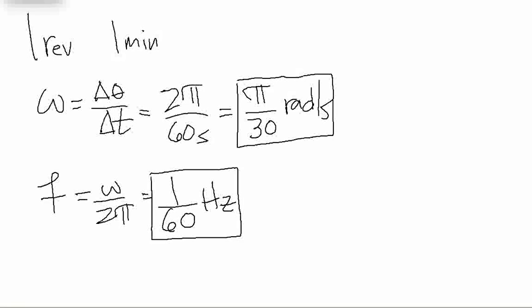Now let's have you try to do an example. Assume a man is walking along a circular trail. He traverses a quarter of the circle in 30 seconds.